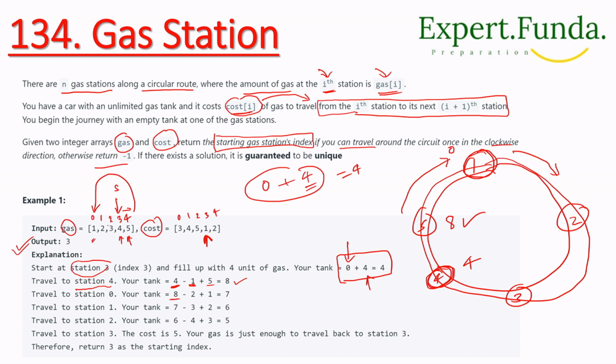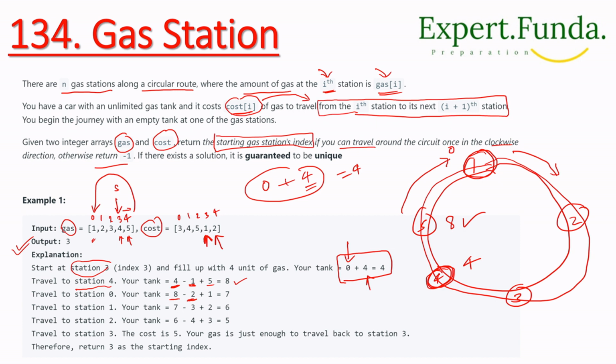Now at 1, what is the value, that we'll see later, but we have to check why this is 2 minus 2, right? In this one, what was the previous cost?